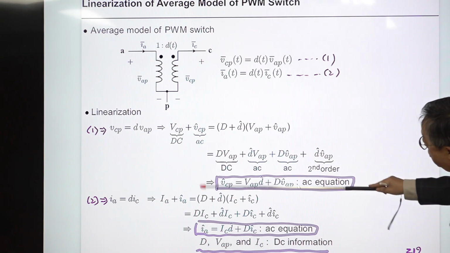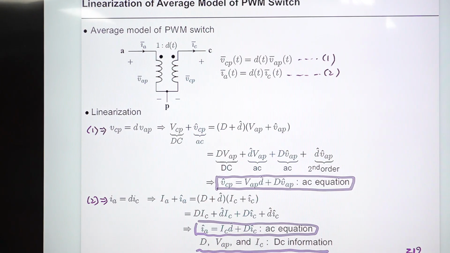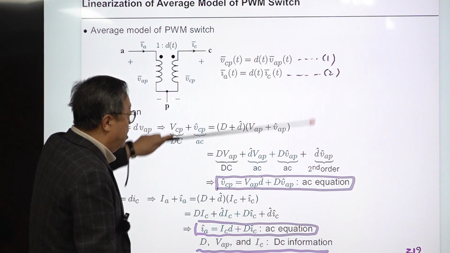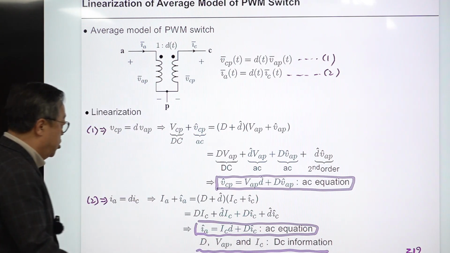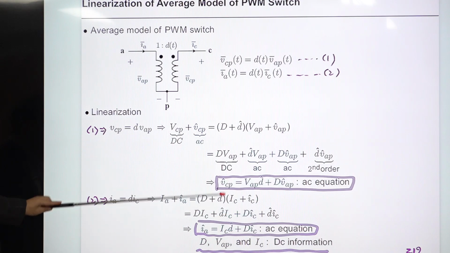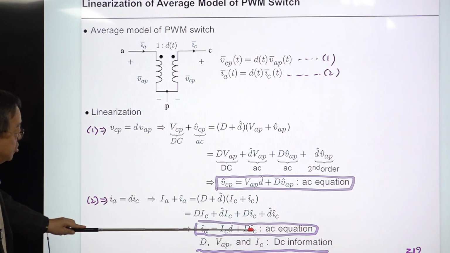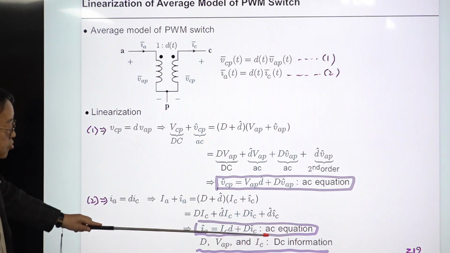This is the AC equation of equation number 1, the linearized small signal equation. You repeat the same procedure with equation number 2, and this is its AC equation.